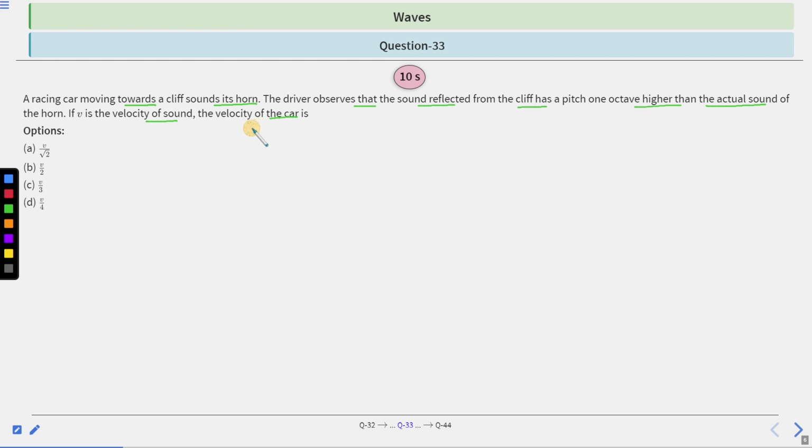Option A is V divided by root 2, option B is V by 2, option C is V by 3, and option D is V by 4. So which option is correct? A, B, C, D. You have 10 seconds to solve this question. After 10 seconds, we will provide the solution.